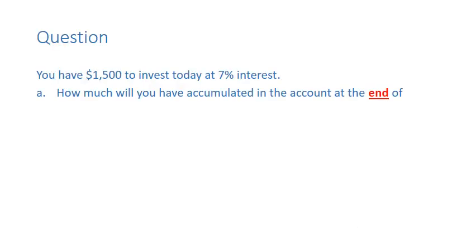For this question 1, we have 1,500 to invest today at 7%. How much will you accumulate in the account at the end of 3 years? So for 3 years, we're finding the future value at the end of 3 years.